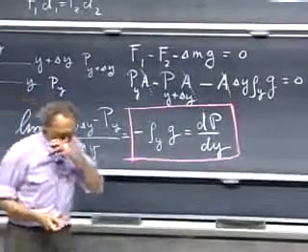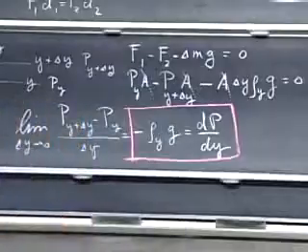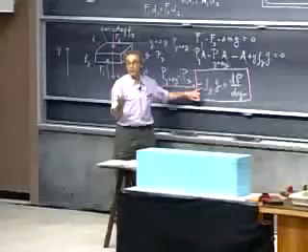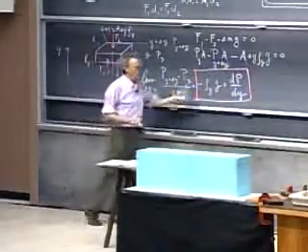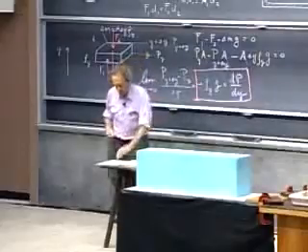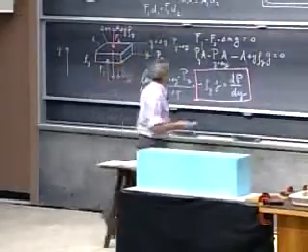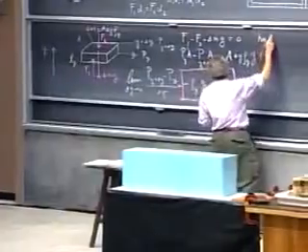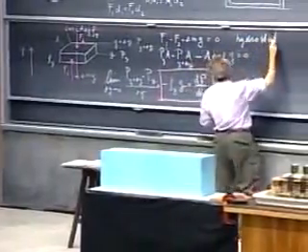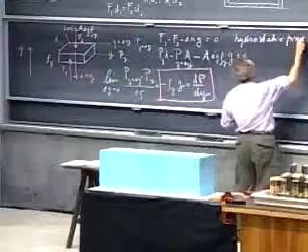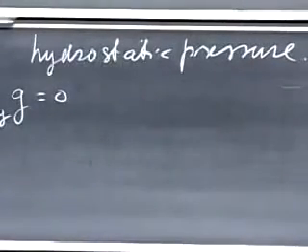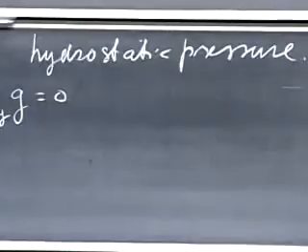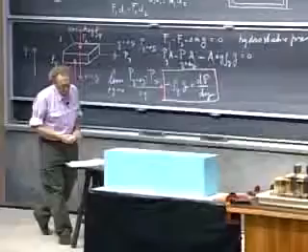And this tells you that when you go to increasing values of y, the pressure will go down. There's a minus sign. Very natural. If you go with decreasing values of y, then the pressure will go up. And we call this hydrostatic pressure. So it's due to the fact that there is gravity. Without gravity, there is no hydrostatic pressure.